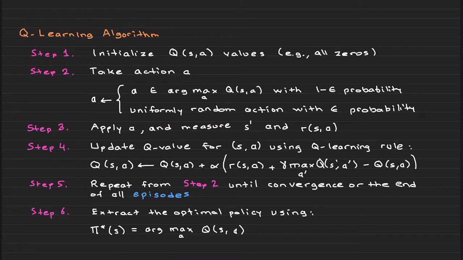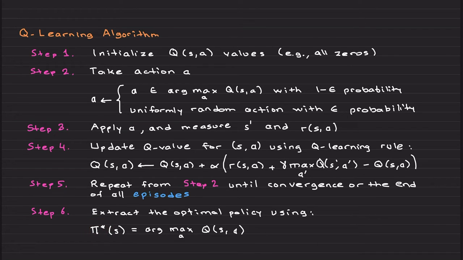Episodes is, let's say, robot reaches your terminal state, then restart, then again reaches terminal state, restart, to optimize how quickly or in an energy efficient way it reaches the terminal state. And finally, once it converges or you complete all your episodes, extract the optimal or close to optimal policy by using this argmax command so that you will know the optimal policy.